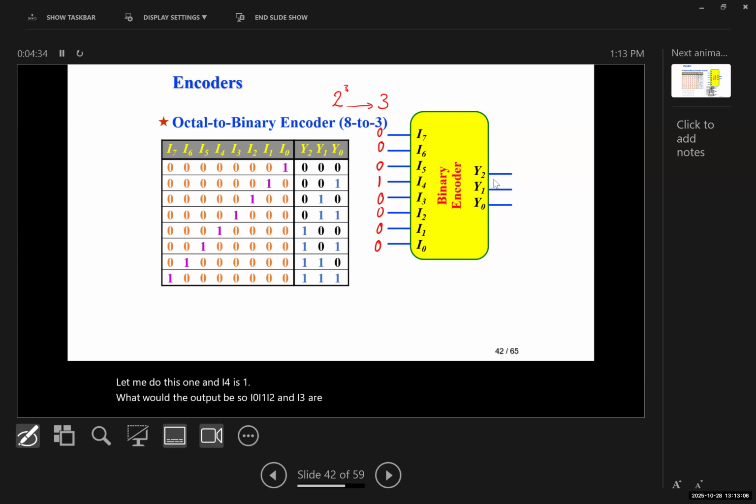I4 is 1, and I5, I6, and I7 are 0. What would my output be? What would Y0, Y1, and Y2 be? Perfect. 1, 0, 0, which is equal to what? So therefore, we know that I4 is activated. Okay, and the rest of it is.